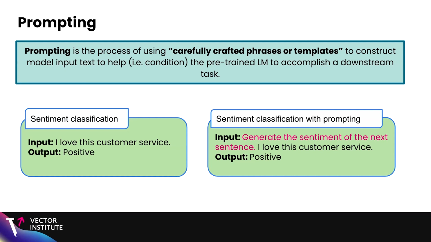With prompting, we include some instructions, as you see in red here, and we hope the model will use this instruction to properly generate the output that we want.